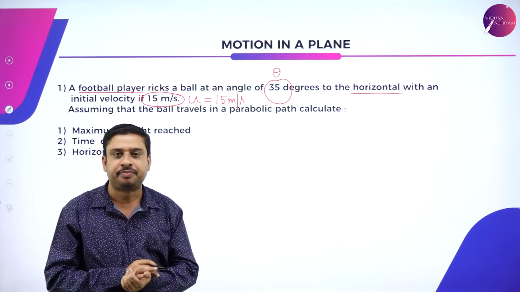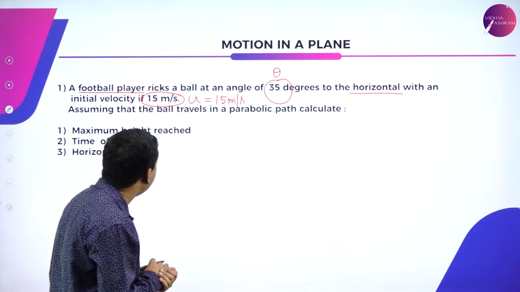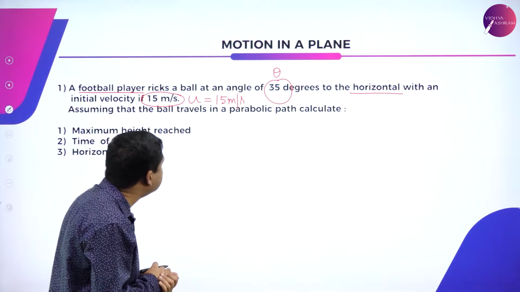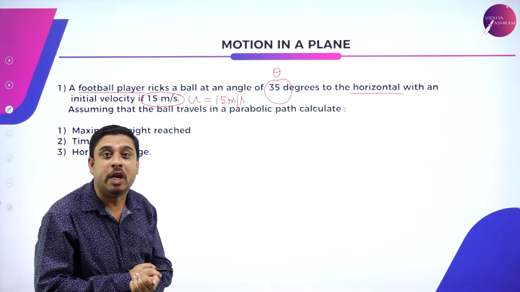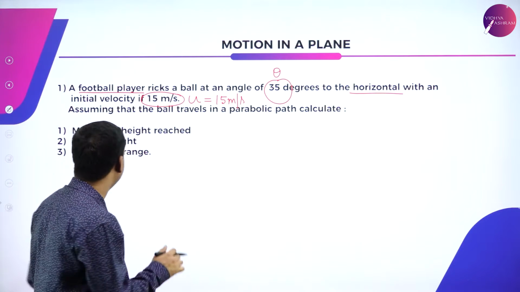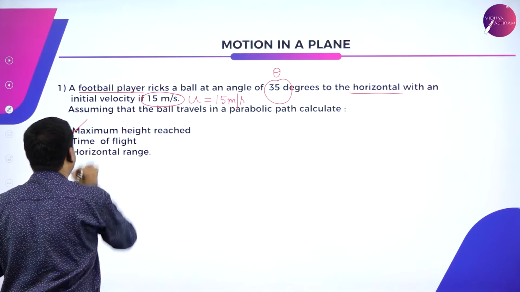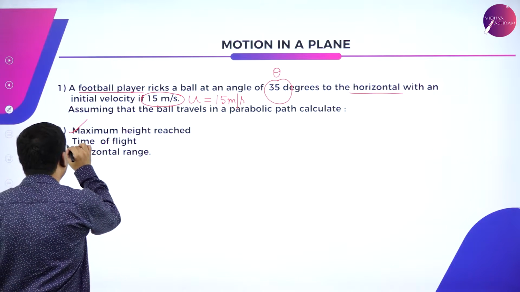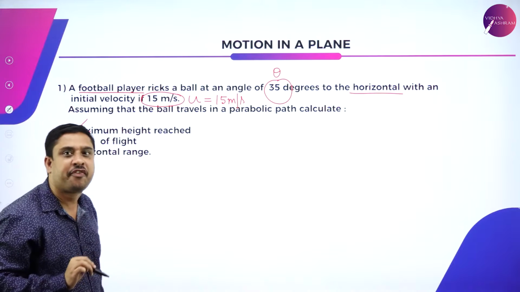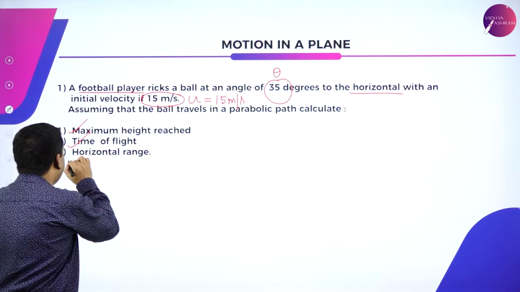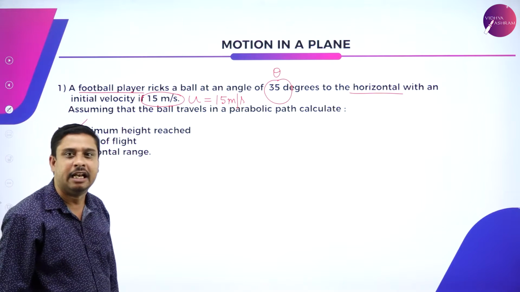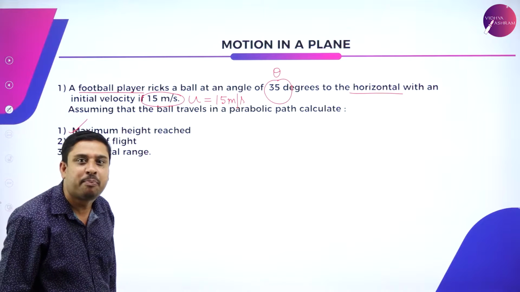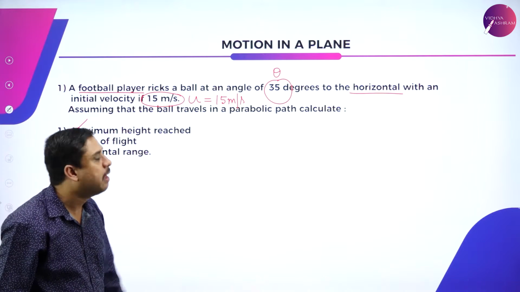Assuming that the ball travels in a parabolic path, I have to calculate the maximum height reached, time of flight, and horizontal range of the projectile.